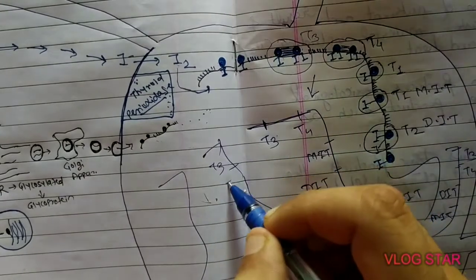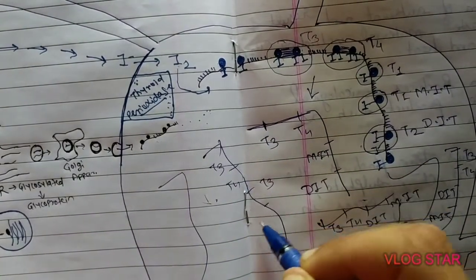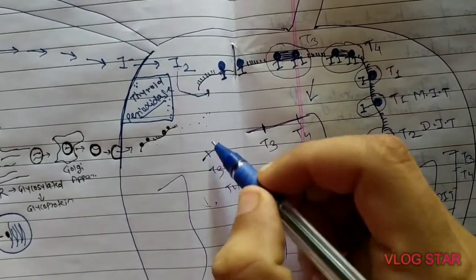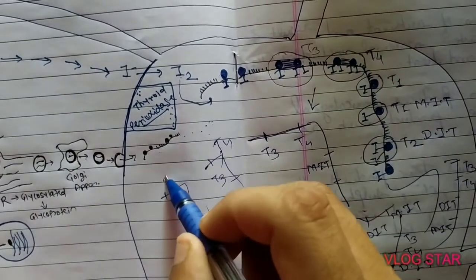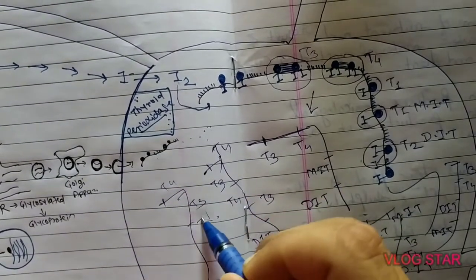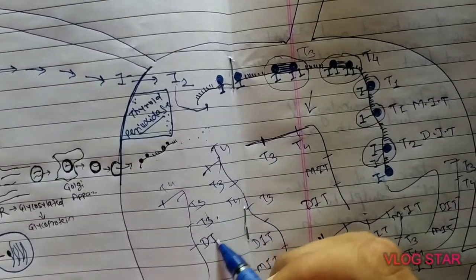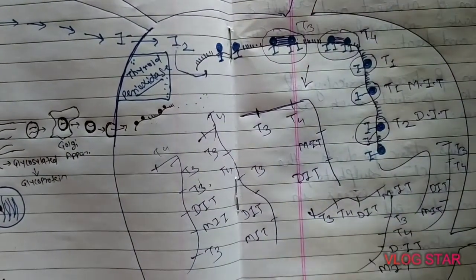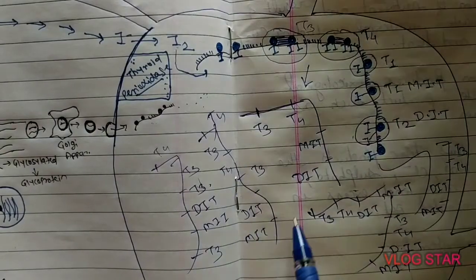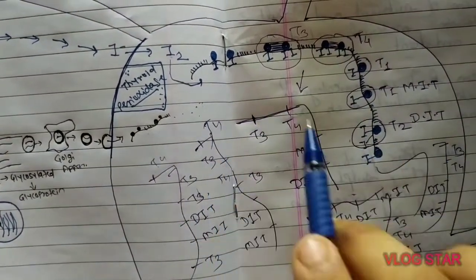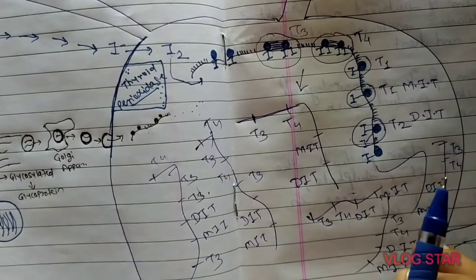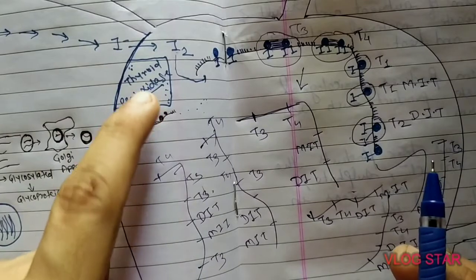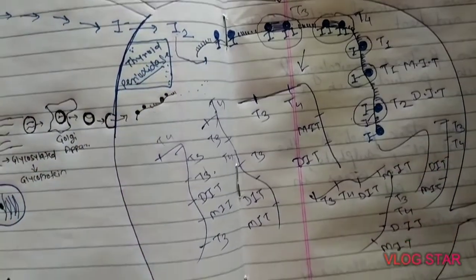Suppose it contains T3, T4, another molecule of T3, diiodotyrosine, monoiodotyrosine, another molecule of T4, T3, diiodotyrosine, monoiodotyrosine, again T3. So there is a mixture of thyroglobulin molecules inside the lumen of the thyroid follicle. This mixture is called colloid. So the mixture of thyroglobulin molecules inside the thyroid lumen is called colloid.